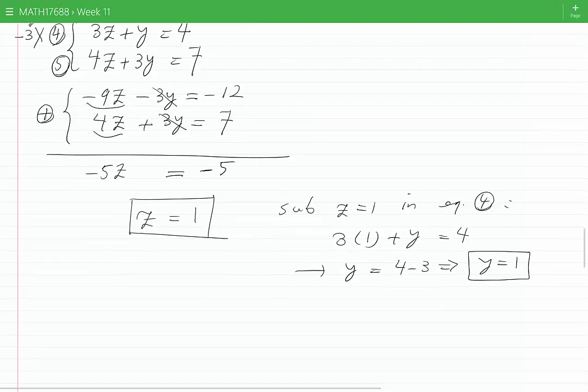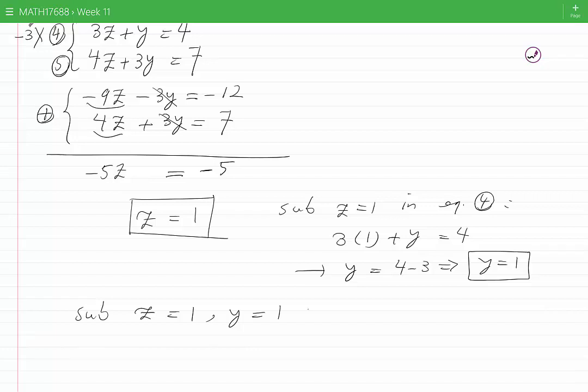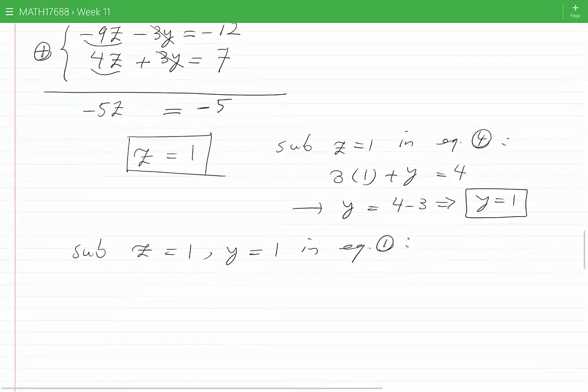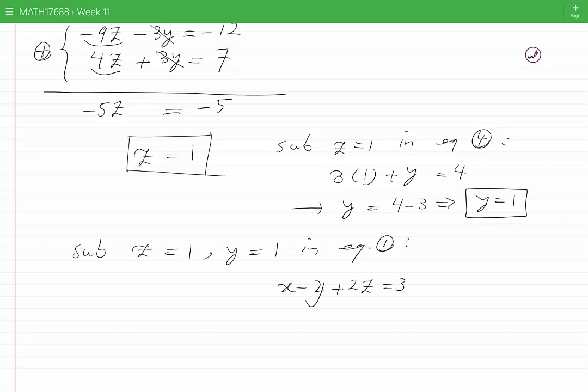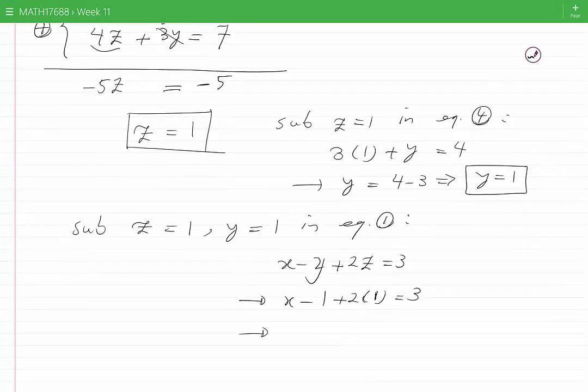We can now sub z equal to 1 and y equal to 1 in, for example, equation 1, and we would get, this is the original equation, x minus y plus 2 times 1 is equal to 3, which we can solve for x to get x is equal to 2.